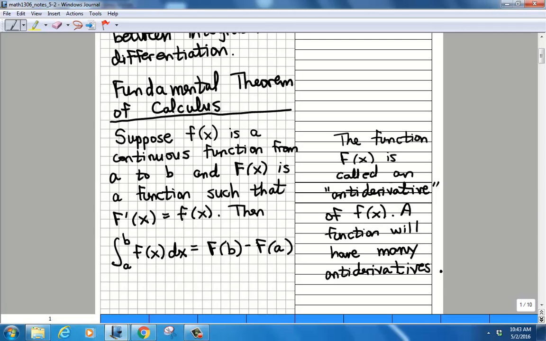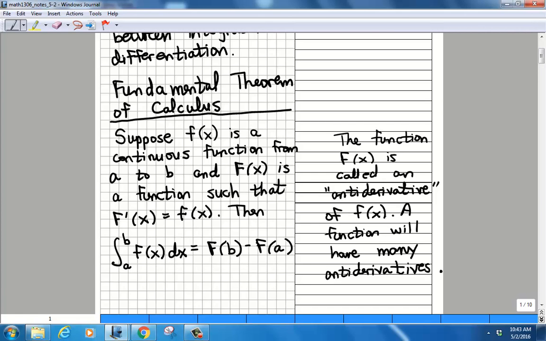So what the fundamental theorem says is this. Suppose you can find a second function. I'm going to call it a capital F. Suppose you can find a second function, capital F, such that when you take the rate of change of capital F, you get the function that you started with, lowercase f.